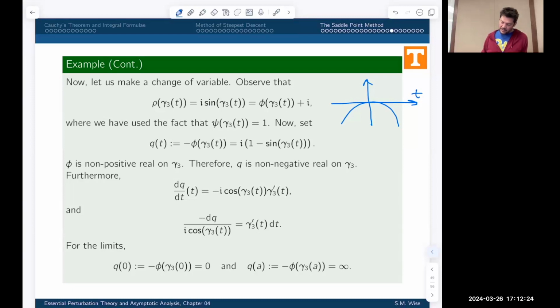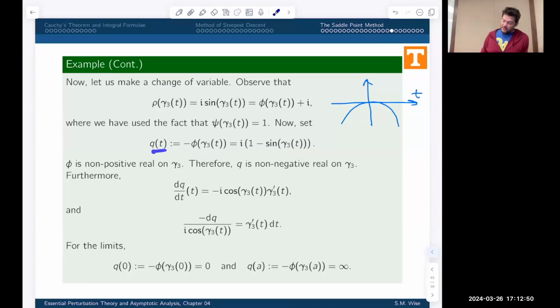So the change of variables I'm going to introduce is q of t equals minus phi. Why minus phi? Well, I know that this guy is going to be a negative number, so I'm going to convert it into a positive number.